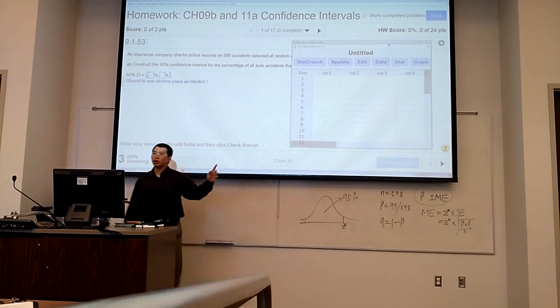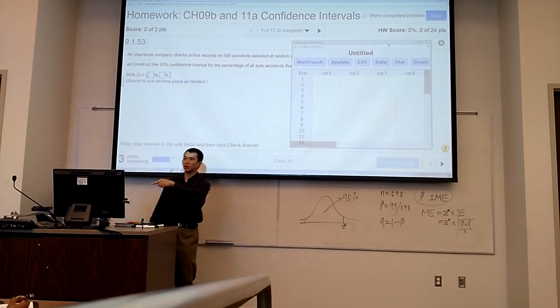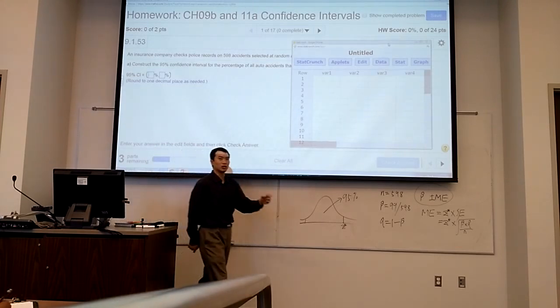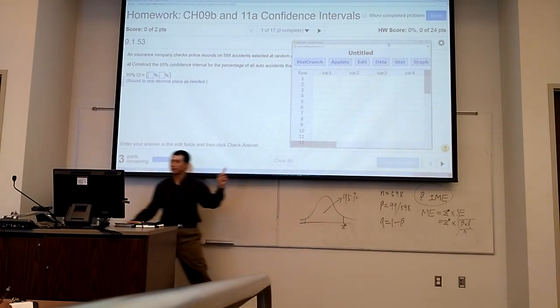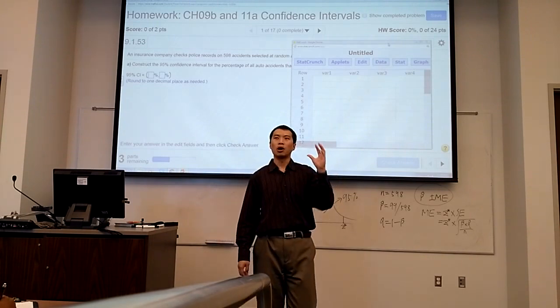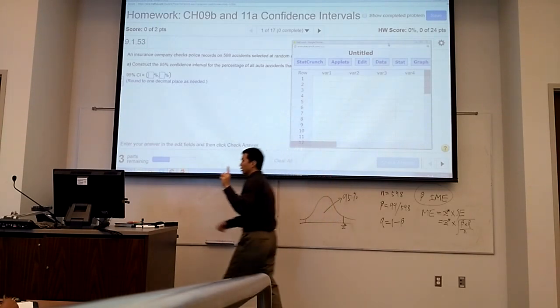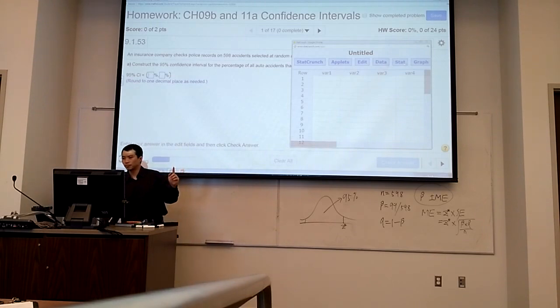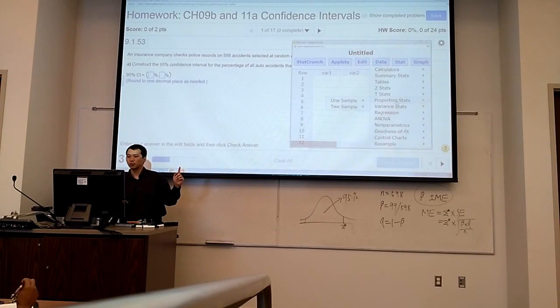But in the homework and in the exam, let's use the stat function. The stat function can calculate the confidence interval. Right now we are talking about the confidence interval for the population proportion. So go to Stat, and this function called Proportion Stat.